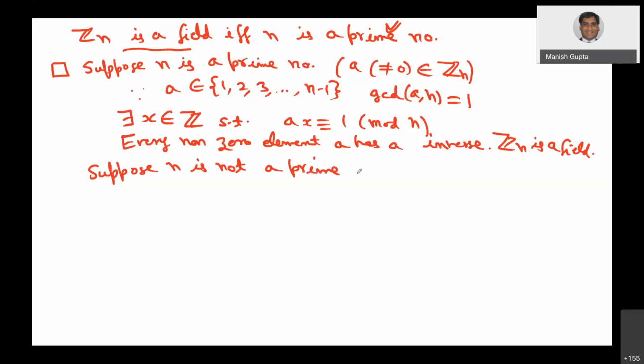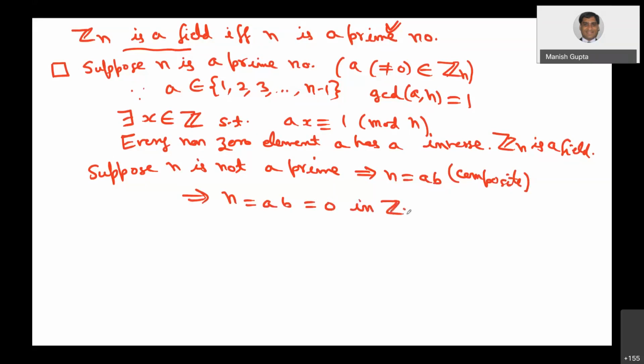If n is not a prime, this implies that n will be a composite number, a product of two numbers. This implies that n is equal to ab, which is equal to 0 in Zn, right?